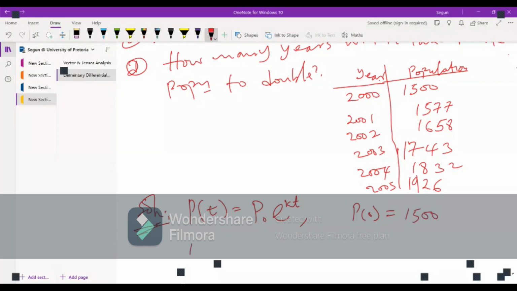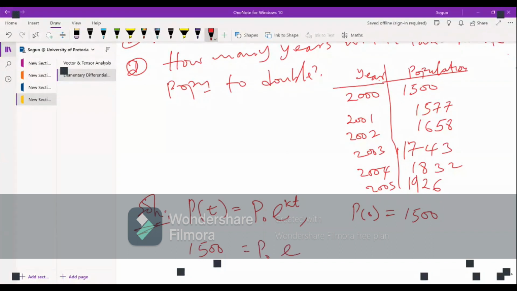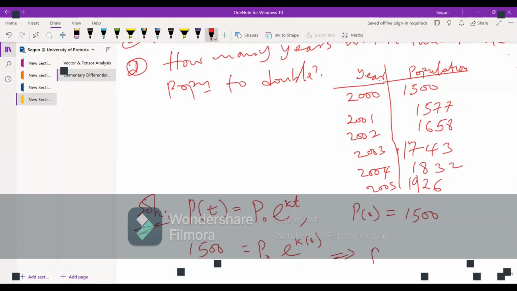When t is 0, we have 1,500 equals P naught exponential k of 0, so P of 0 equals P naught.